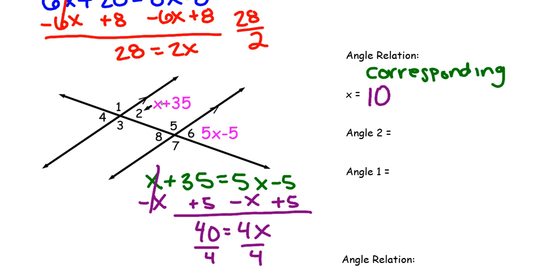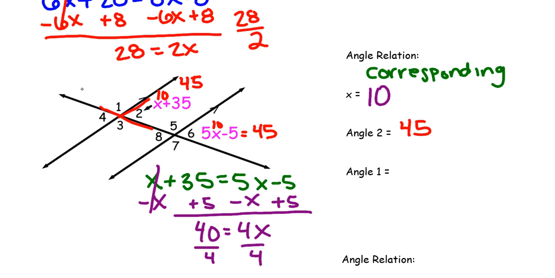All right, if we wanted to figure out what our angles measure, we'd plug 10 in there. 10 plus 35 is 45. And we put a 10 there. 50 minus 5 is 45. So that's a way you can check to make sure that you have the right x value. So again, we know that angle 2 is 45 because we just calculated that. If we want to know what angle 1 is, notice angle 1 creates the straight line, or the linear pair, with angle 2.